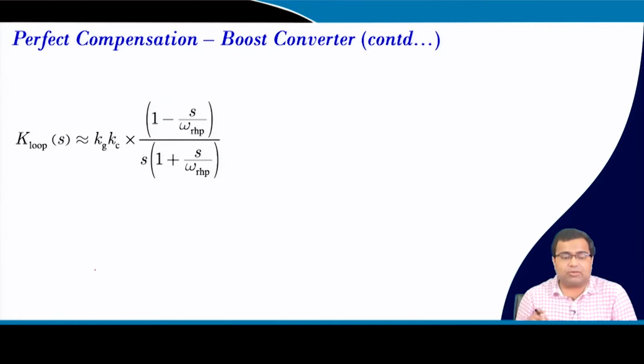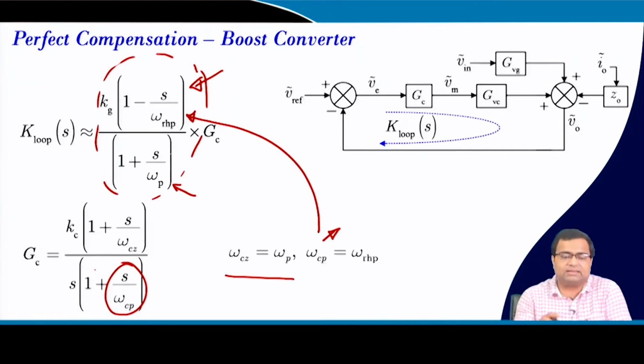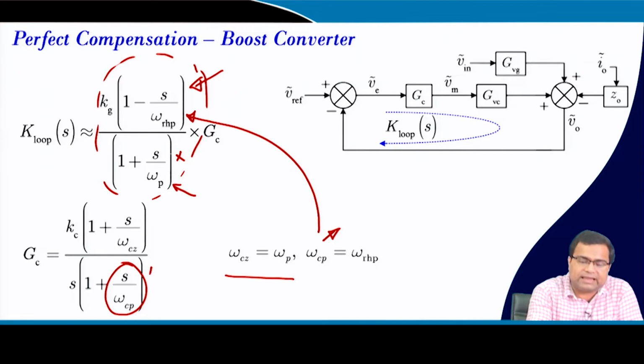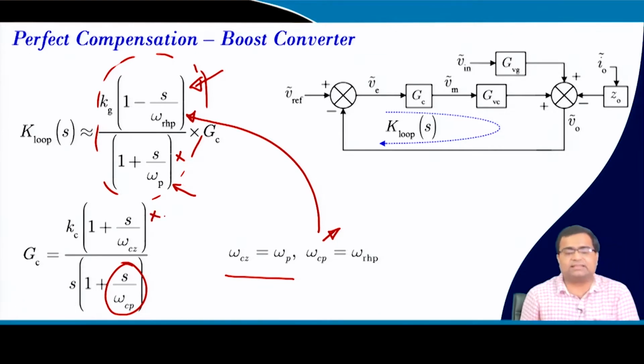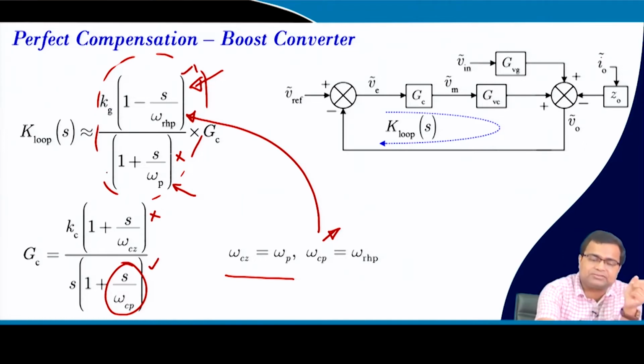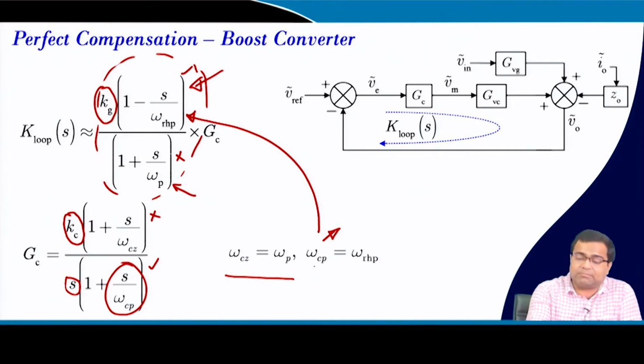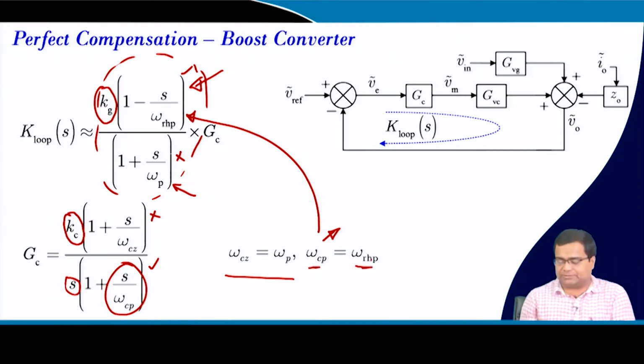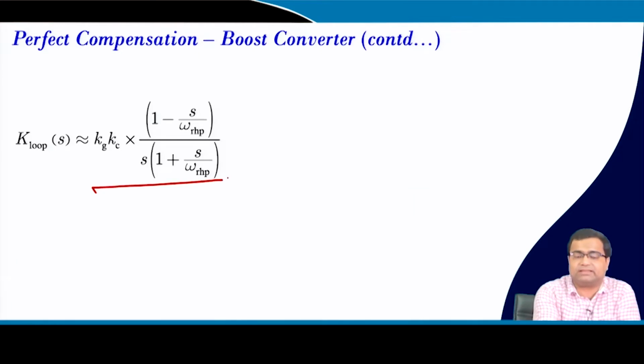Now, with this, the stable pole of the system is cancelled by the stable zero of the controller. But we will have these two as well as one integrator, the DC gain of the controller and the plant DC gain, and we are placing the controller pole in coincidence with the RHP zero. So, the loop transfer function will become like this.